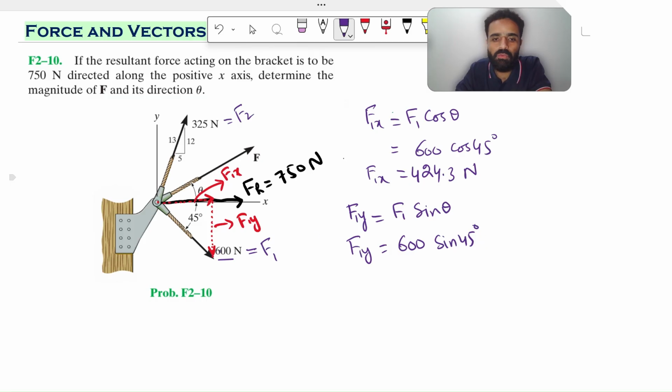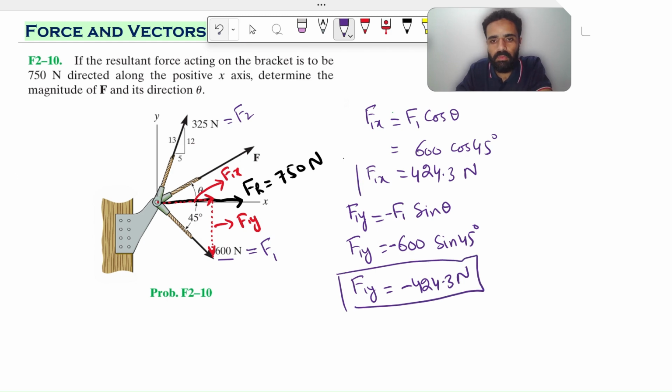Now what will be the sign? This F1y component is directed downward, so the sign will be negative. The F1y value will be equal to minus 424.3 Newton. These are the horizontal and vertical components of this F1 force.